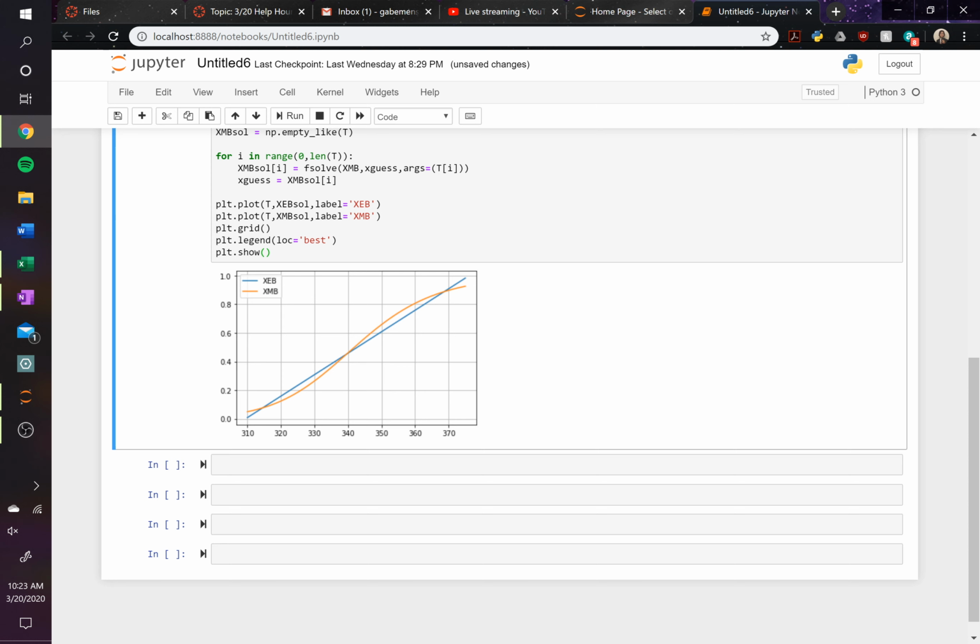So looking at this graph, it looks like we have 3 steady states, 3 locations where our energy and mass balances are equal for the reactor temperature. Our conversions are equal at a reactor temperature.